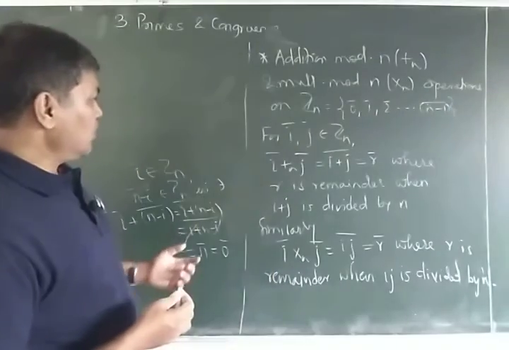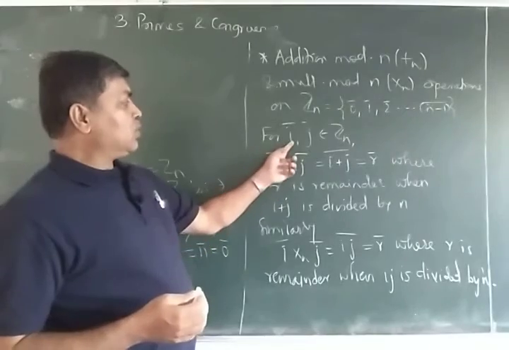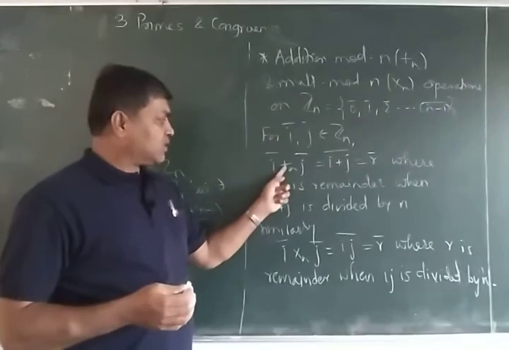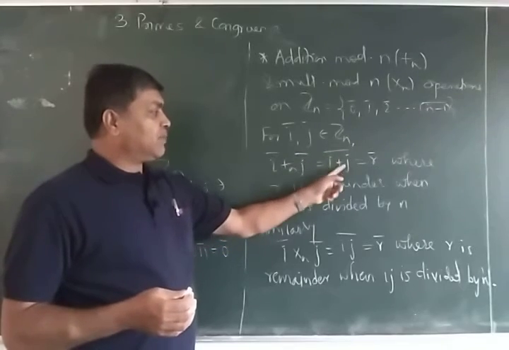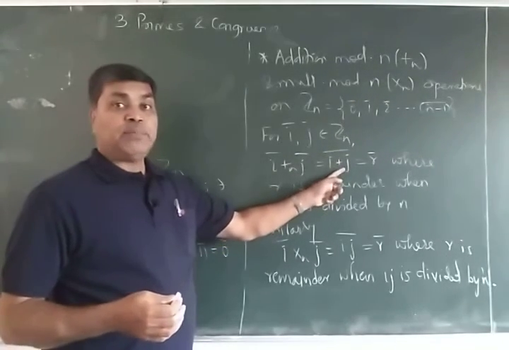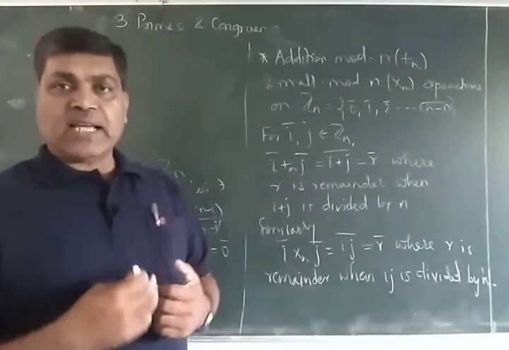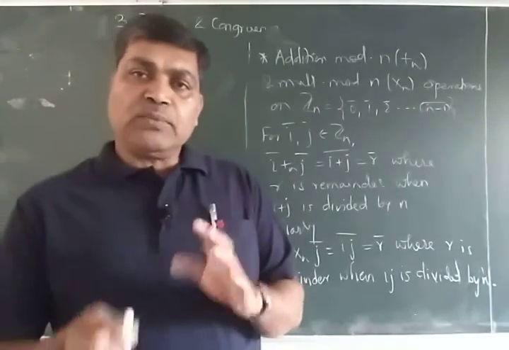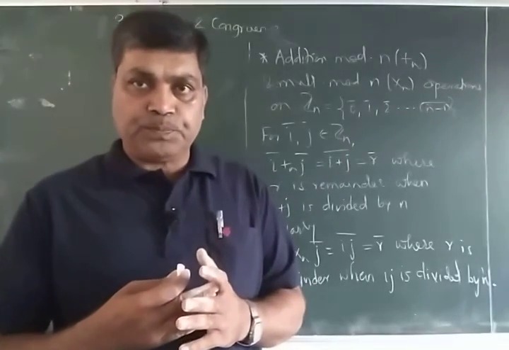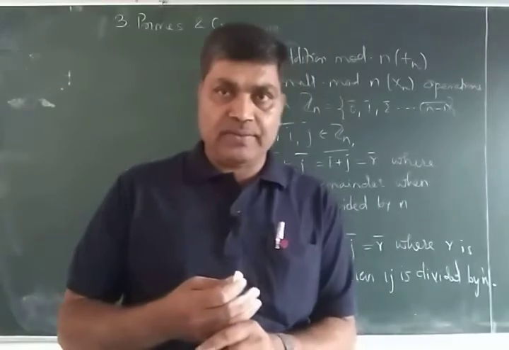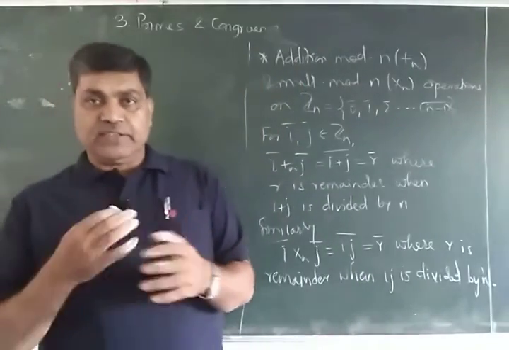Here also, for any two residue classes modulo n, i bar and j bar belonging to Zn, i bar plus j bar is same as i plus j bar. I can write this as j plus i its bar, which is j bar plus i bar. So addition modulo n is a commutative operation.